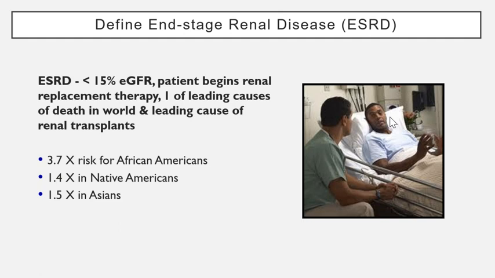These things do not affect this population in the same manner: you have a 3.7 times increased risk being African American, and about 1.5 for Asians and Native Americans.